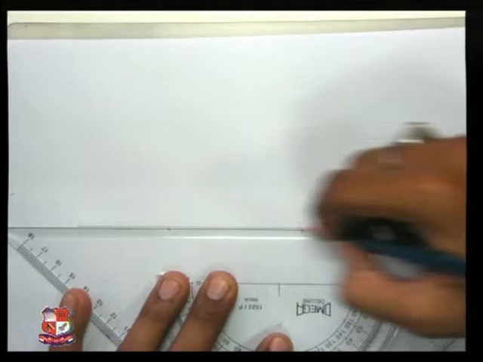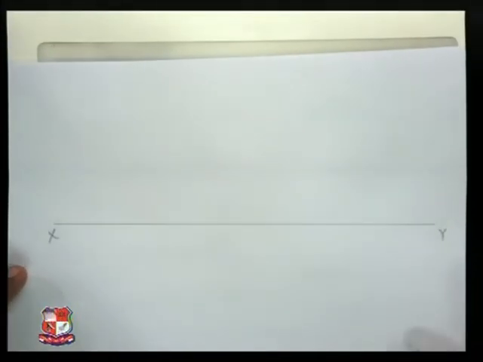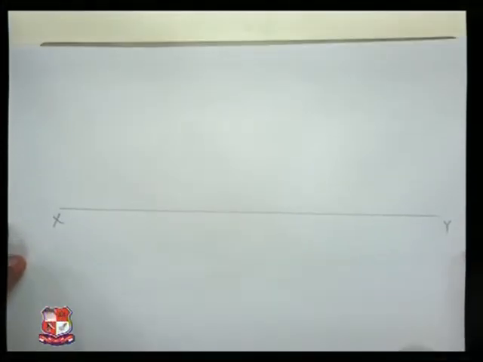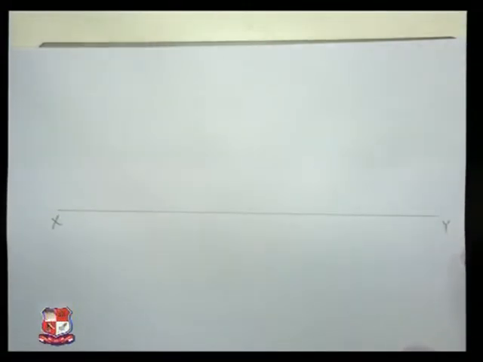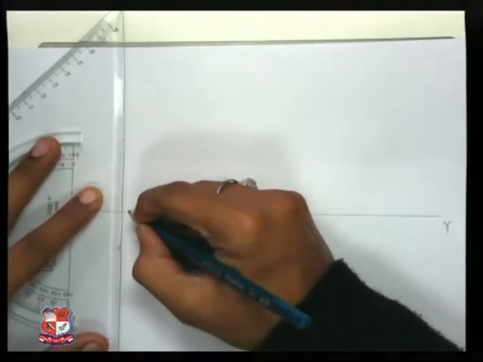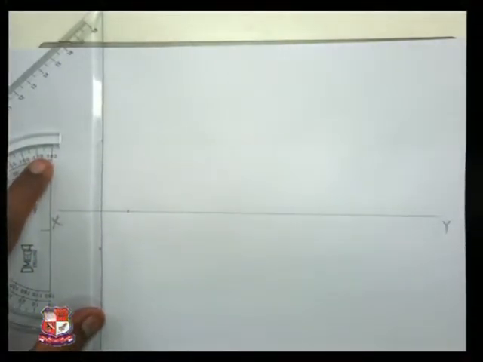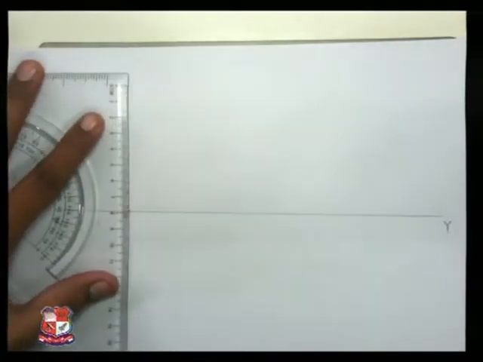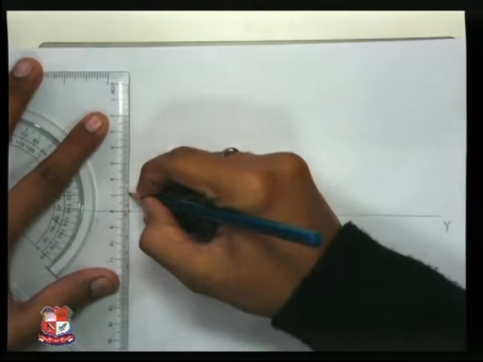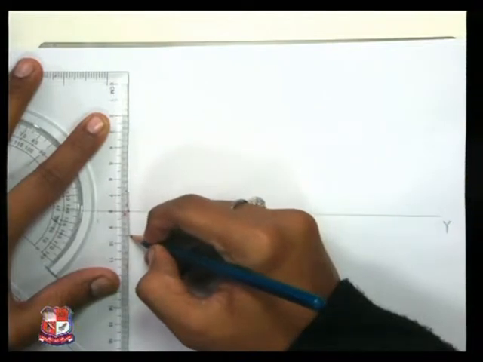Now we will locate the point P. It is given that it is 10 mm above HP, which means 10 mm above the XY line, and 15 mm in front of VP, which means 15 mm below the XY line.